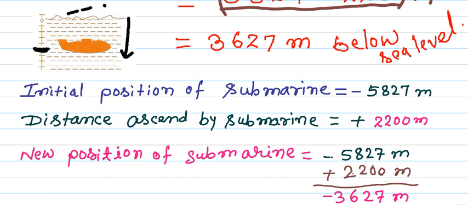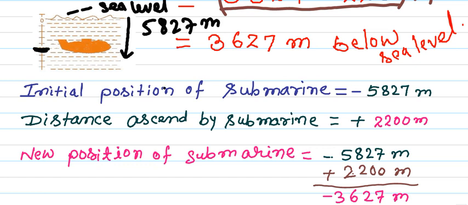This is your sea level, right? And the submarine is floating under the water, right? That distance is 5,827 meter. I have said that you will take the negative if the submarine is floating below sea level, that is negative.